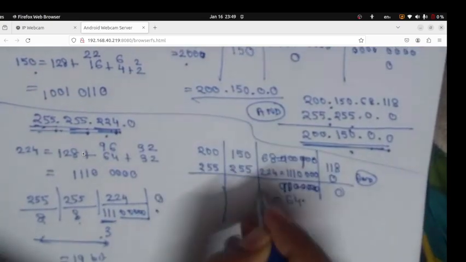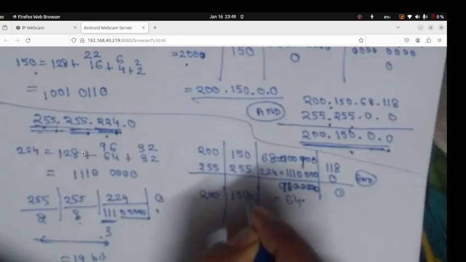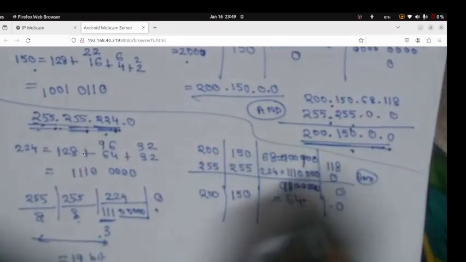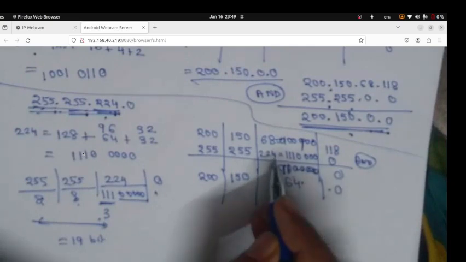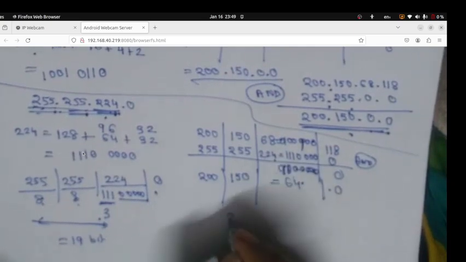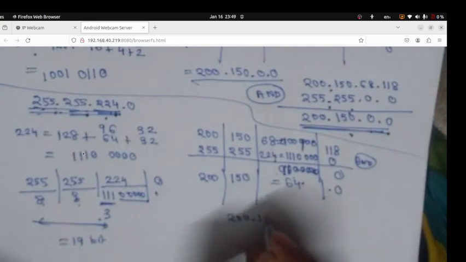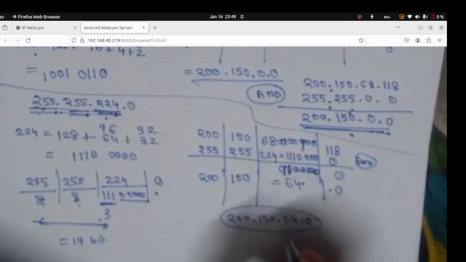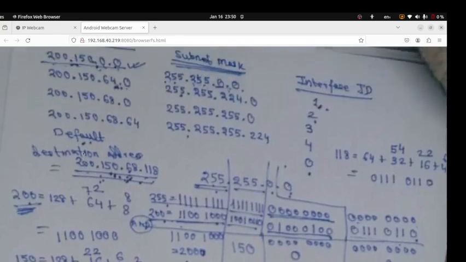So the network address extracted is 200.150.64.0. So our network address for this particular mask, extracted from the destination address, is 200.150.64.0. Okay.